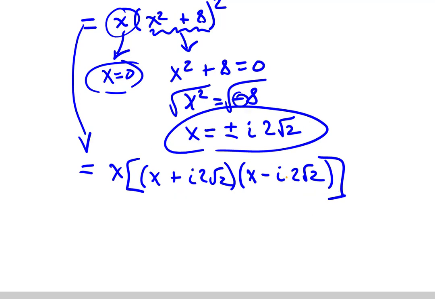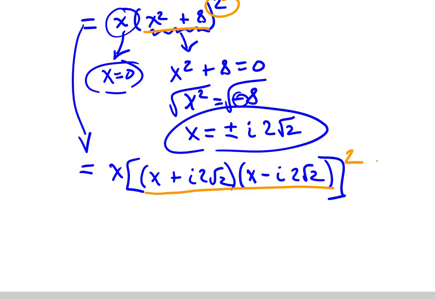Let's not forget where this is all coming from. In the previous step we had x squared plus 8. We just forced that into a factored form, which includes the x plus i times 2 root 2 and x minus i times 2 root 2. And by the way, to verify, if you don't believe me, go ahead and FOIL these together. See if you don't get x squared plus 8 for the result. Those are equivalent. So let's also not forget that that factor, the x squared plus 8, had the power of 2 outside. We better keep that. So there's really a power of 2 outside these brackets.